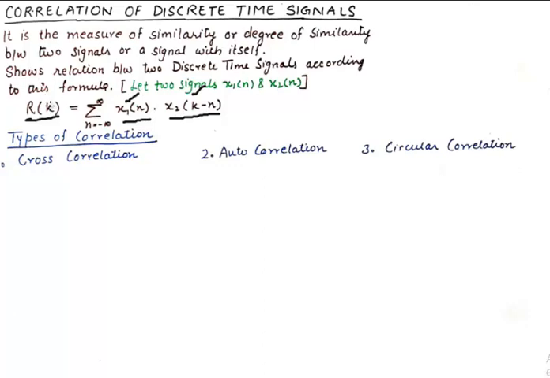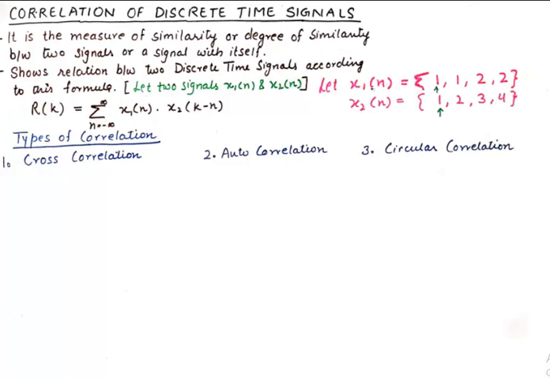So for whatever value of k that you wish to find the correlation, you simply put the value of k here and find this summation. And we have seen two discrete signals x1 of n and x2 of n. I'll show you the types of correlation with an example now.